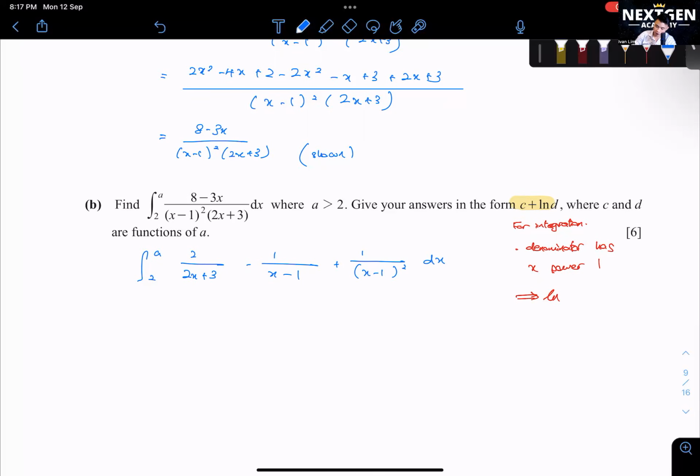For this, I just rewrite again so that we are clear. The first two terms we will use to become ln, but for this one, because it has power 2, you just use the reverse chain rule method. Let's integrate.